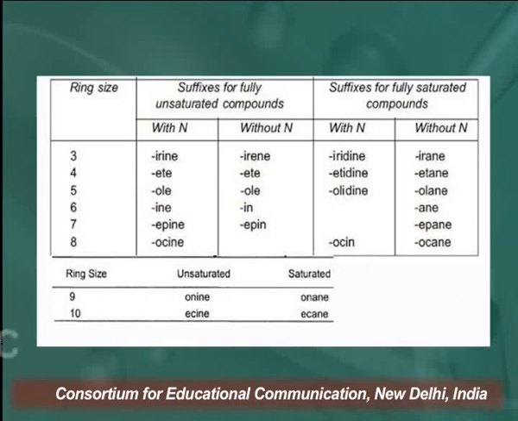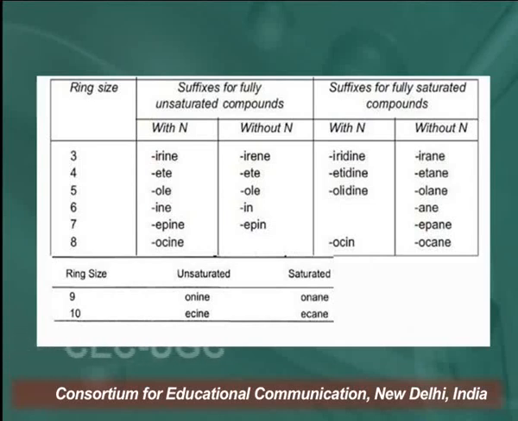Similarly, for 4-membered rings, et: if nitrogen is present and the ring is unsaturated, we will mention here ete. Without nitrogen it will be the same, ete, but when the ring is saturated and with nitrogen it will be etidine, without nitrogen etane.